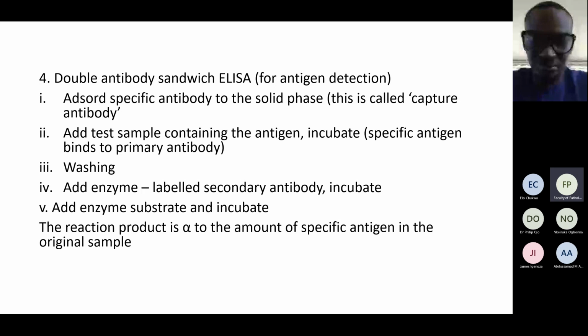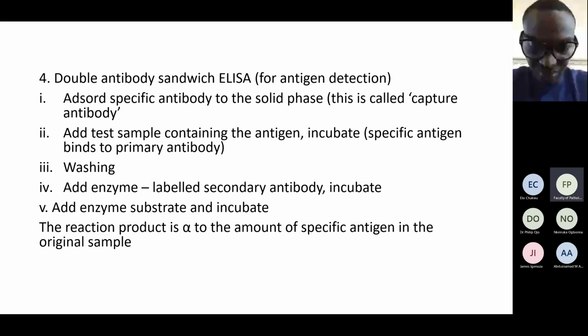Step number 2, you add your test sample which contains the antigen, which means the antigen in this test sample would be attracted to the specific antibody that had been adsorbed to the solid plate surface.